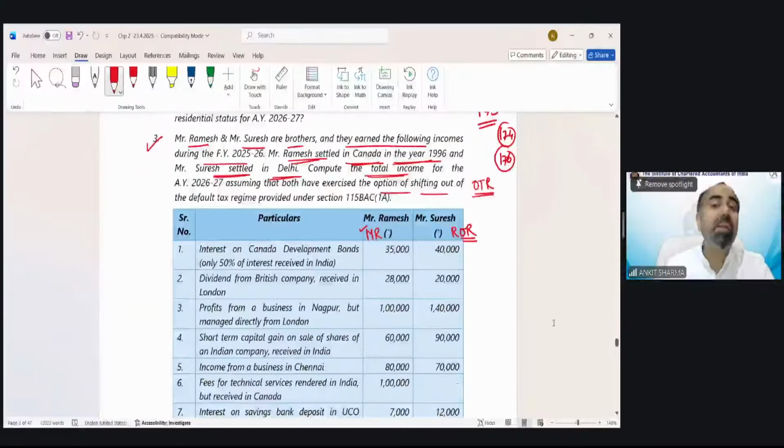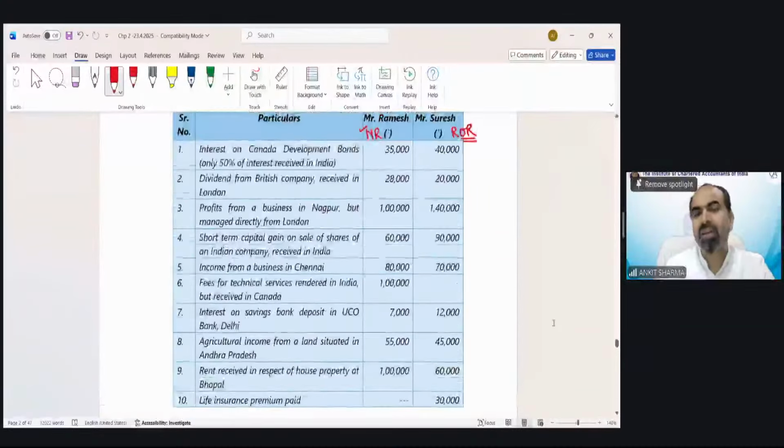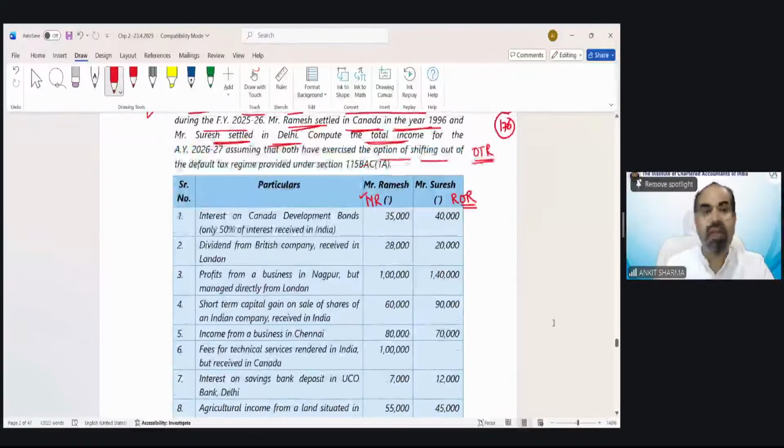Ramesh could be a deemed resident also if his income exceeds 15 lakh rupees, etc. But in this question, I have already seen that income does not exceed 15 lakh. So his status would be non-resident. Now we have to tell which income is going to be taxed in India as per the information given in the question.